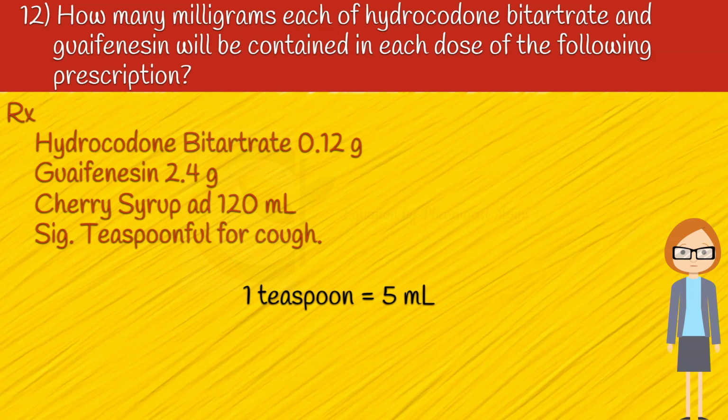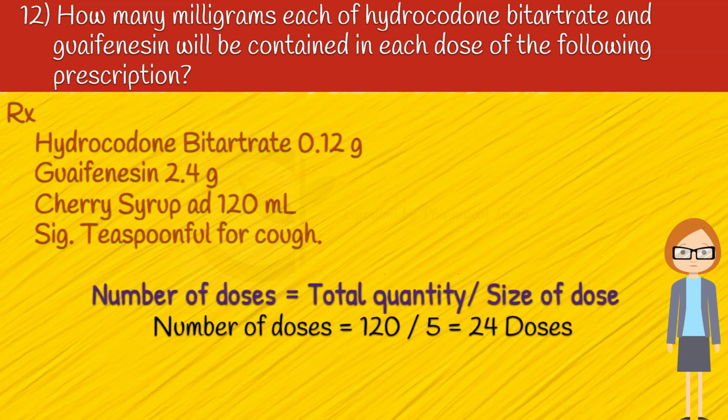Given that the prescription specifies a teaspoonful for cough and the cherry syrup is used as the vehicle, we know that 1 teaspoon is equal to 5 milliliters. To calculate the number of doses, we divide total quantity by size of dose. There are 24 doses.